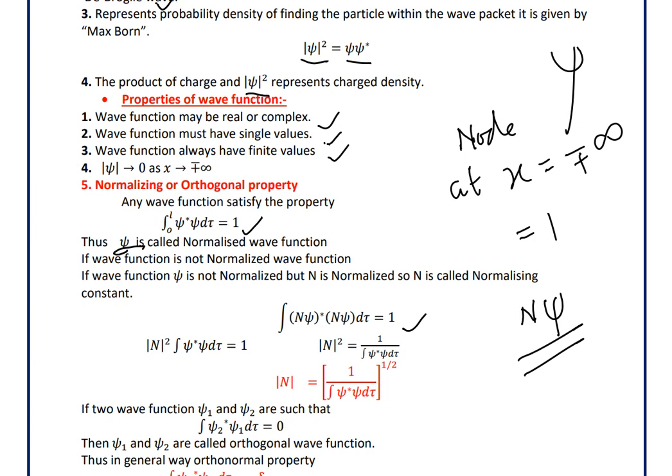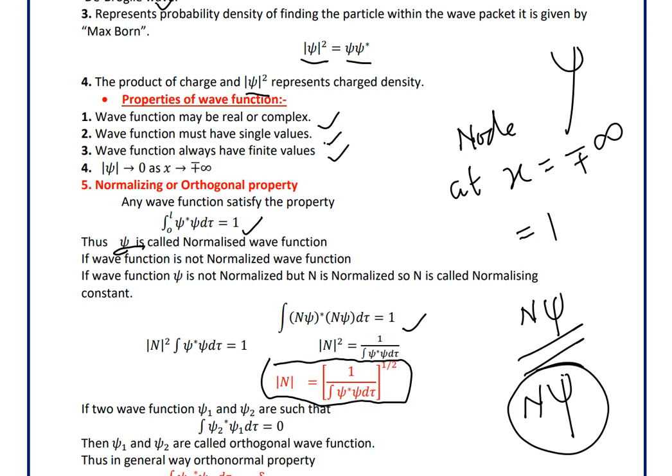So we will get the value of n by this formula, called the normalizing constant. If we multiply the given function by it, the final function will be normalized and gives probability 1.